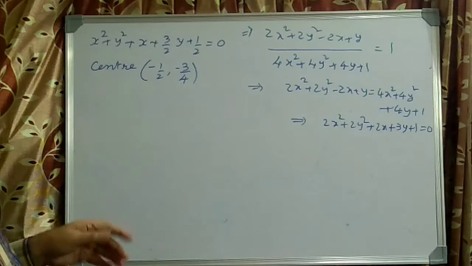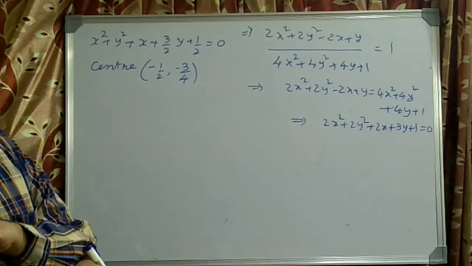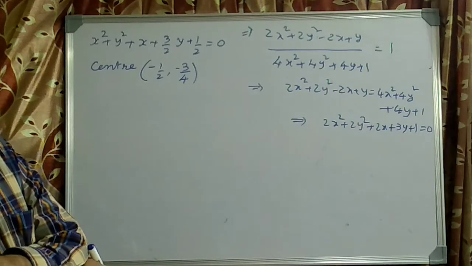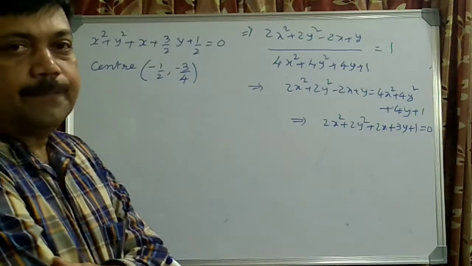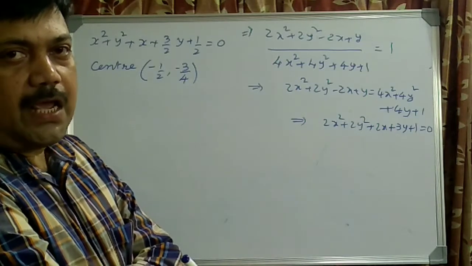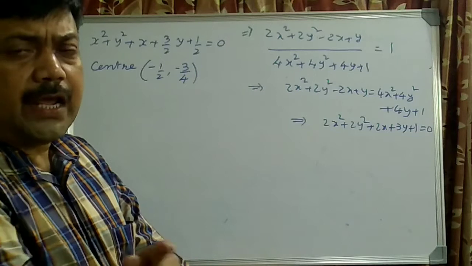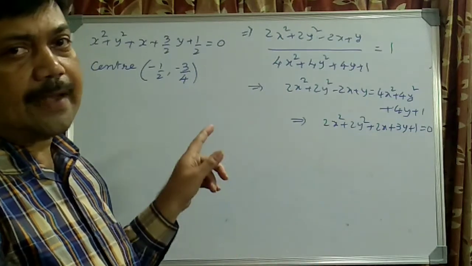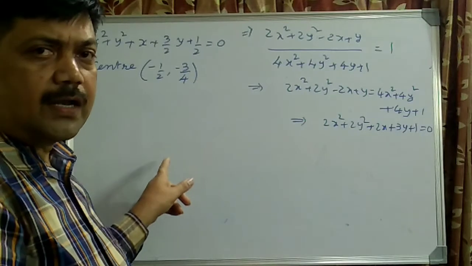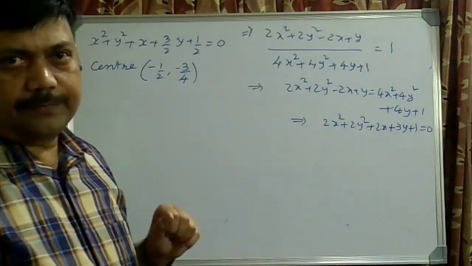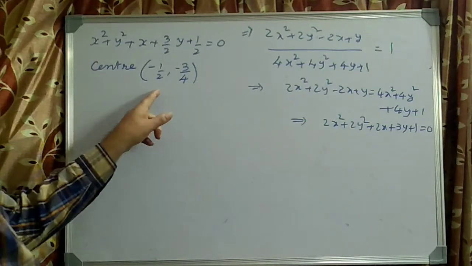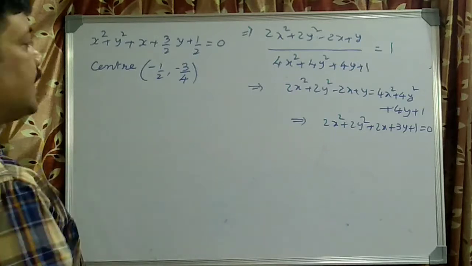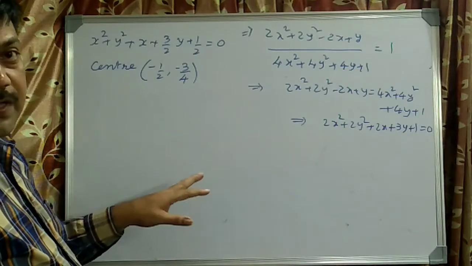Remember my friends, here getting the equation of a circle, we are simply eliminating the options A and C, because option A and option C both are given for straight line. So we have got here a circle. So now this center is not in the options also. So we need to verify the radius.